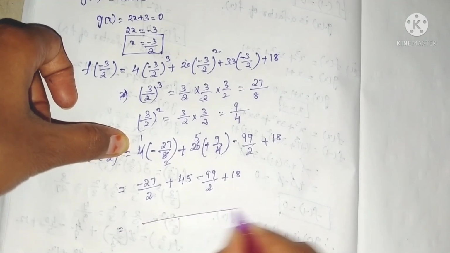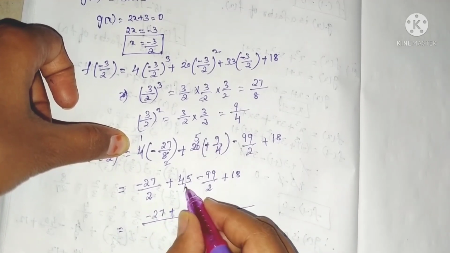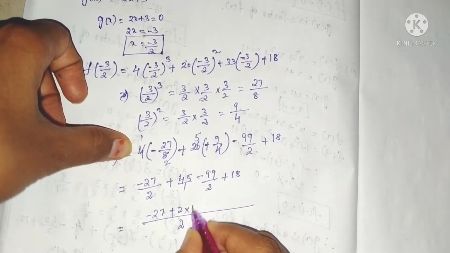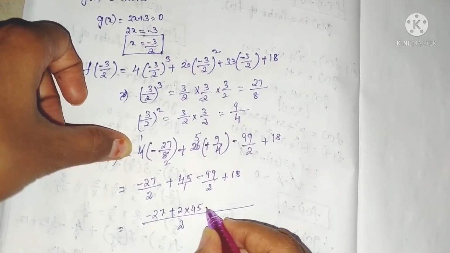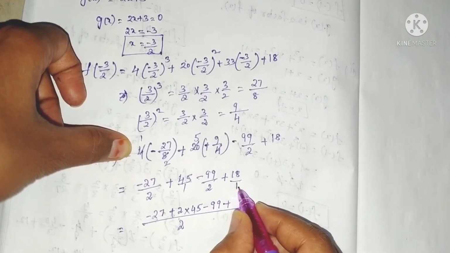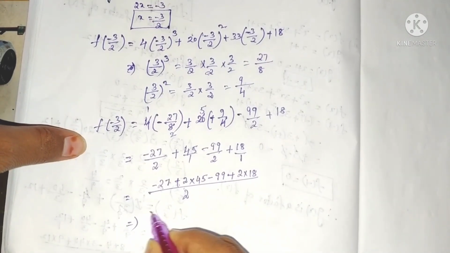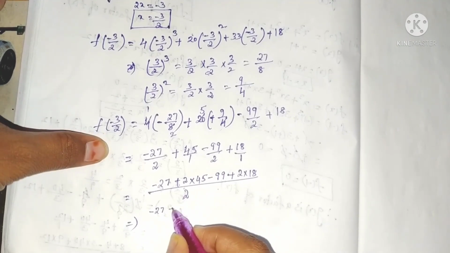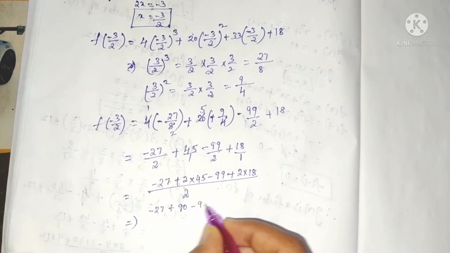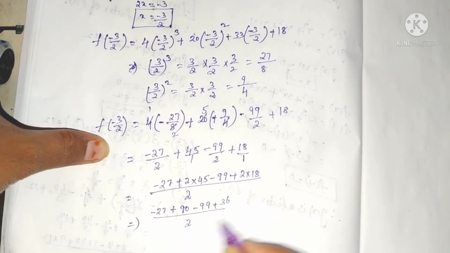So here the LCM will be 2. Minus 27 plus 1 into 2, 2 only, so 1 divides 2 2 times, so 2 into 45 minus 99 plus, here 1 is there in the denominator, 1 into 2 is 2, 2 into 18, minus 27, 45 2s are 90, minus 99 plus 18 2s are 36, by 2.